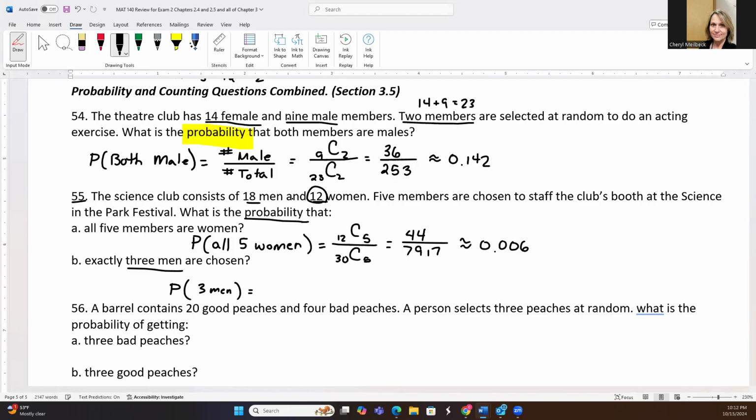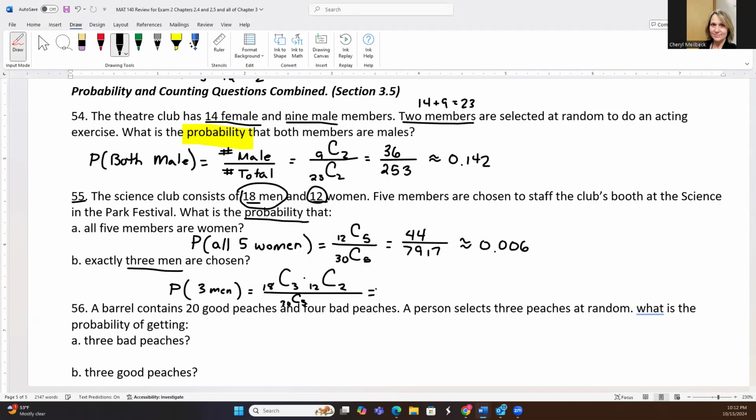is going to be, there were 18 men. So this would be 18 choose 3, and if we choose 3 men, we still have to choose 2 women. So that'll be multiplied by 12 choose 2. And then that'll be divided by that 30 choose 5.